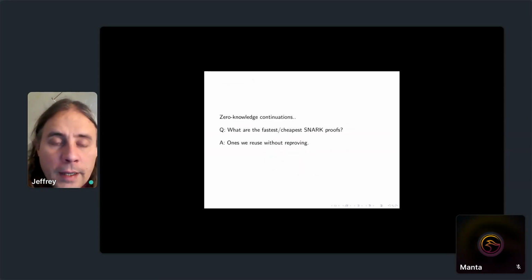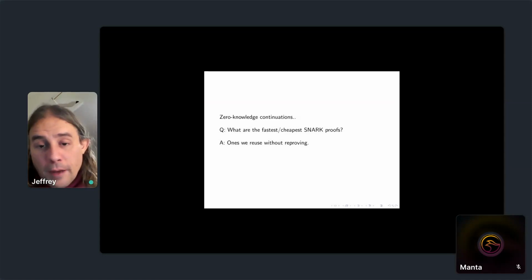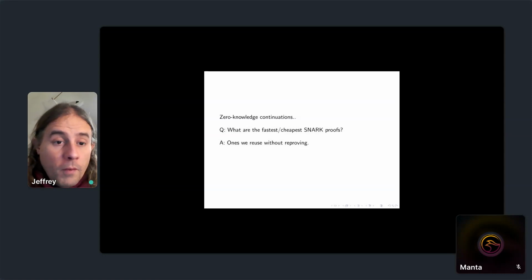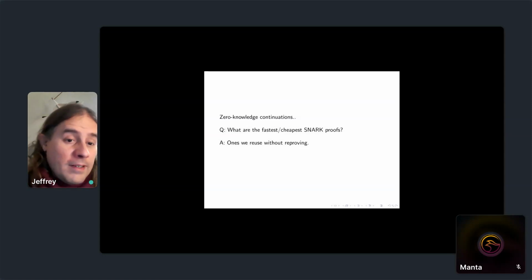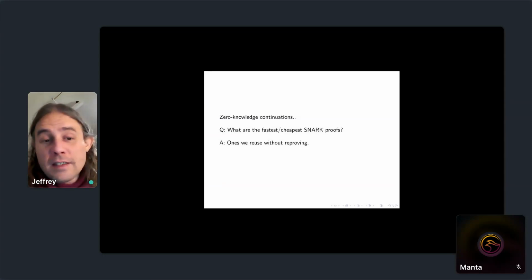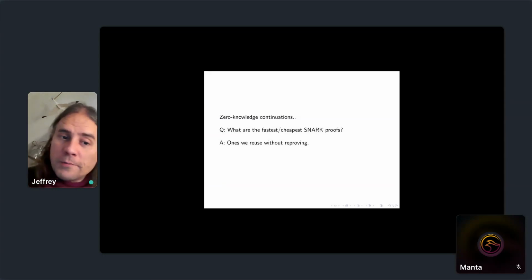All right. So what's a ZK continuation? That was in the title. How do you have a really cheap prover? Well, the cheapest prover is to not prove anything, or at least to not prove anything again, to have proved it in the past and just reuse the proof.